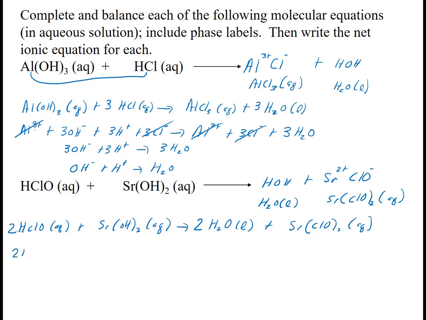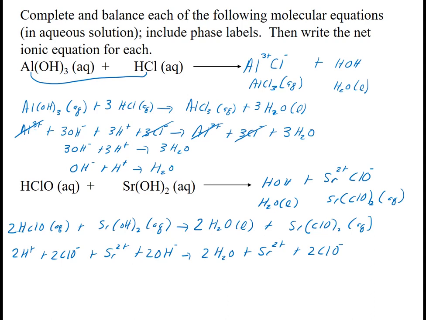So I have 2 H pluses plus 2 ClO minuses plus Sr 2 plus plus 2 OH minuses goes to form 2 waters, which stay together, plus Sr 2 plus plus 2 ClO minuses. Again, the 2 came from 1 times 2.